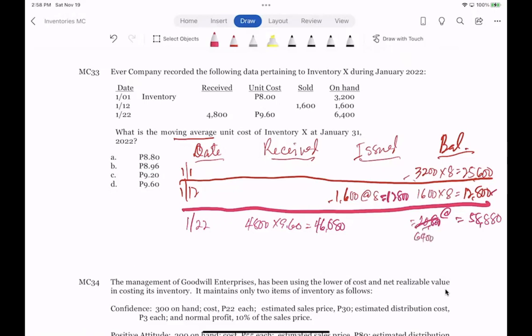So 58,880 divided by 6,400 is 9 pesos and 20 centavos. Therefore, that is the new unit cost. So unit cost under the moving average changes every time there is a purchase. So it's letter C.